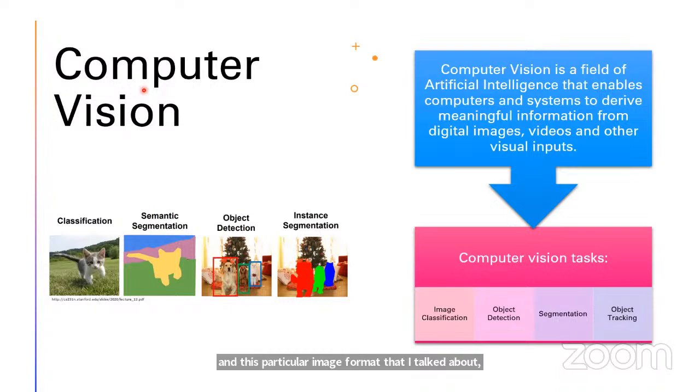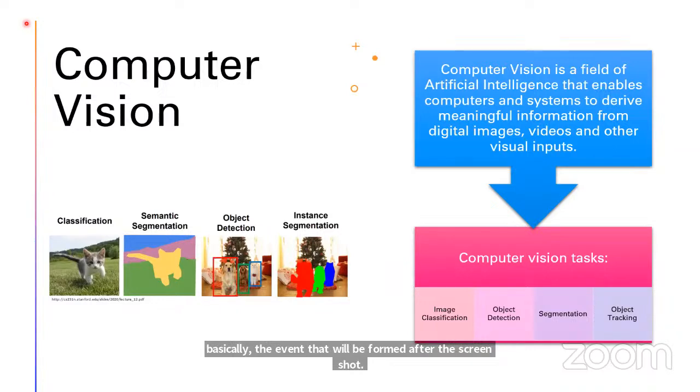In colorful images, there are three channels: red, green, and blue. The combination of these three colors makes the images that we see. If I take a screenshot of this screen, the image formed will be nothing but three different matrices for red, green, and blue.